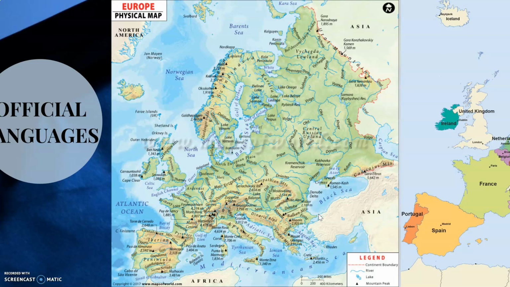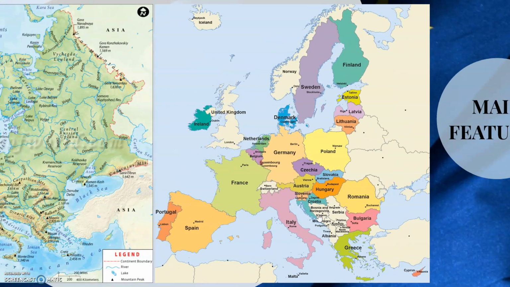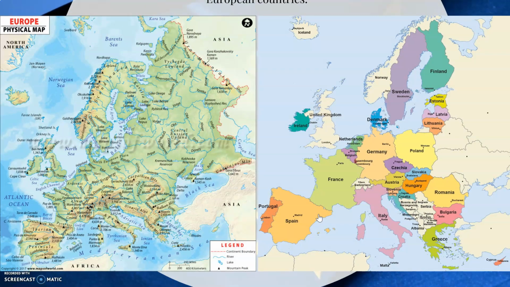A continent is in fact a large and continuous mass of land, ideally separated by water or by mountains. Only 27 of these European countries are members of an economic and political union called the European Union. So you can tell the difference between these two maps.